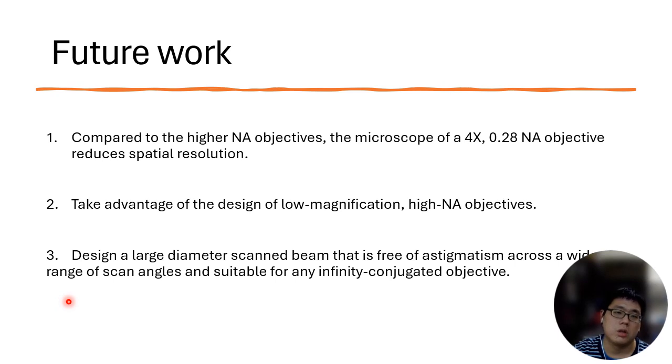And third, the principle of the design yields a large diameter scan beam that is free of astigmatism across a wide range of scan angles and suitable for any infinity-conjugated objective.